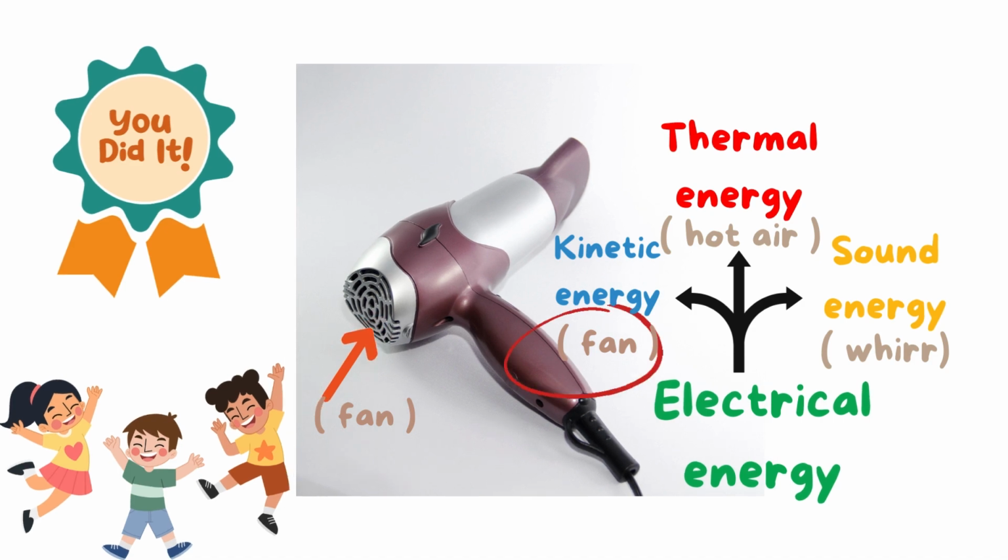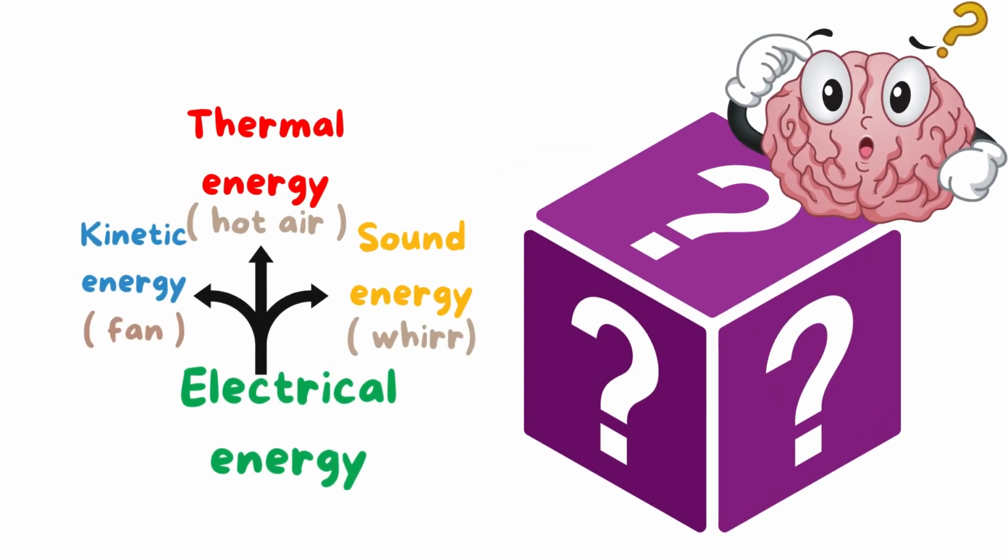Okay, here I give you a riddle. We have a box and we have a device that also changes electrical energy into kinetic energy, sound energy and thermal energy. Can you guess what this is?